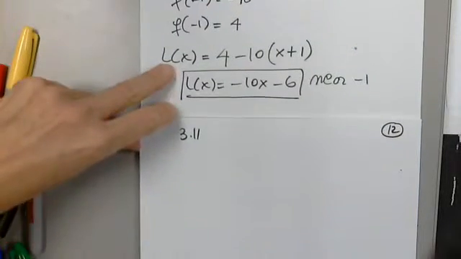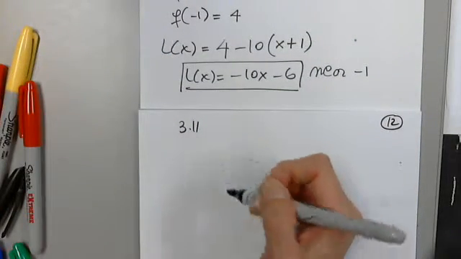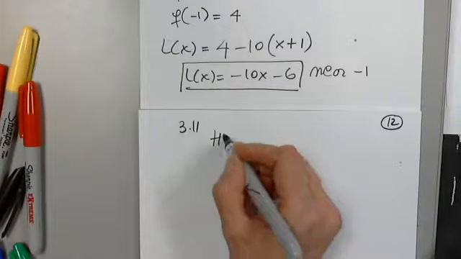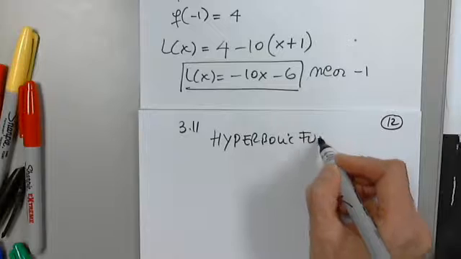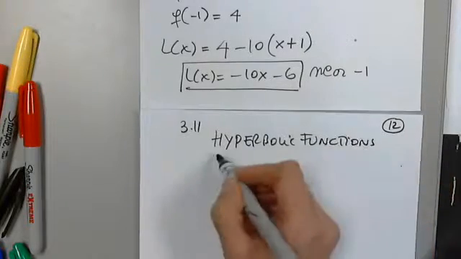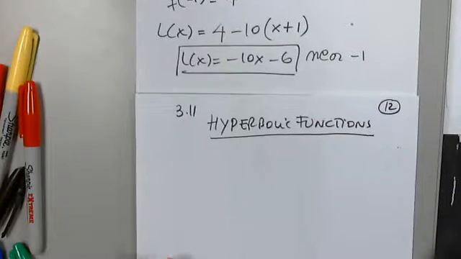Okay. So there is also a big umbrella of functions called hyperbolic. Hyperbolic functions. There are 6 hyperbolic functions, there are 6 inverse hyperbolic functions, and so on and so forth.